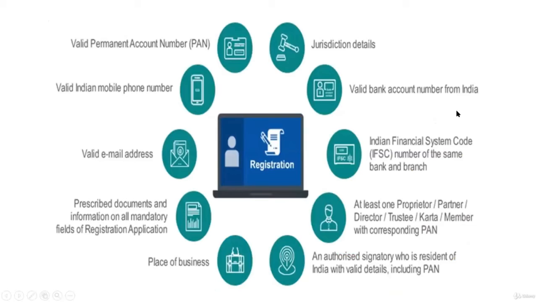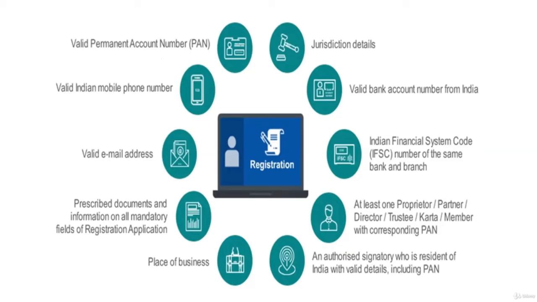Now, how can you take the registration of your GSTN number? For that, you must have your valid PAN number, that is your permanent account number. You must have your valid mobile number, email address, and the documents that are mandatory to process your registration application. The next thing that you must have is your place of business and an authorized signatory who is a resident of India with valid details including his PAN card.